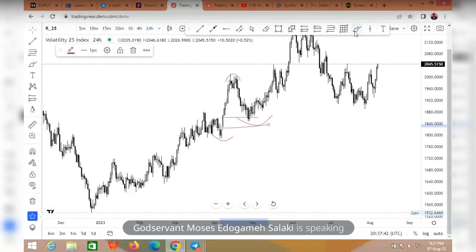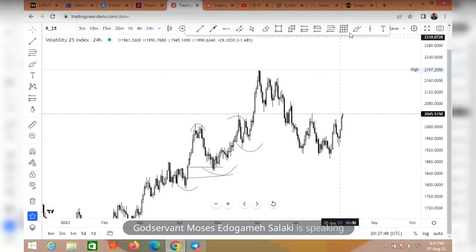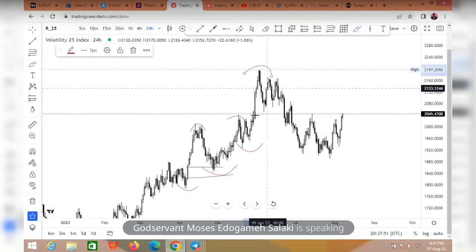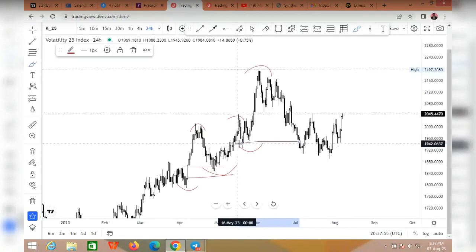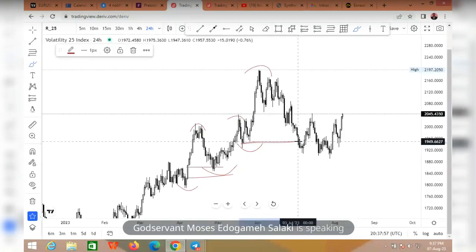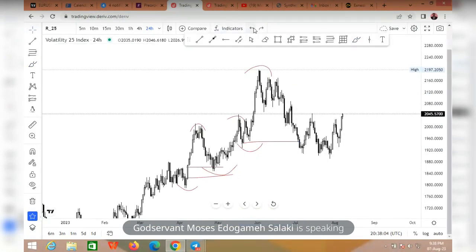This was an established high, established low, and then price gave us this high, breaking this structural zone. So when price broke the structure, we started looking for sell entries.